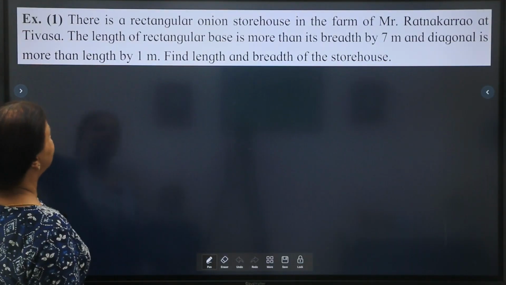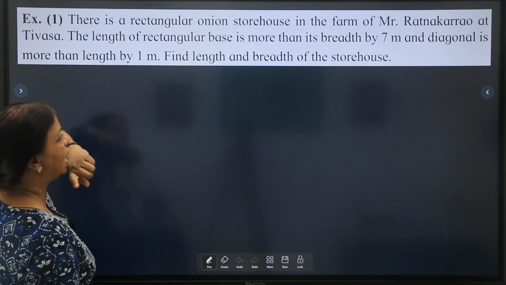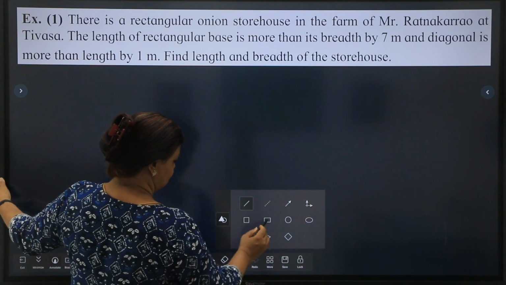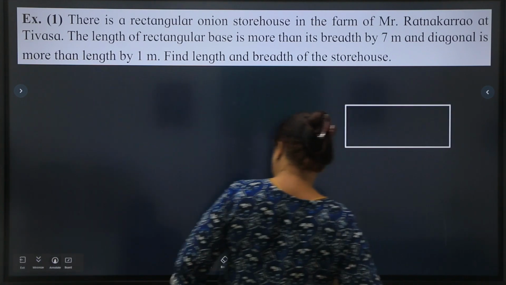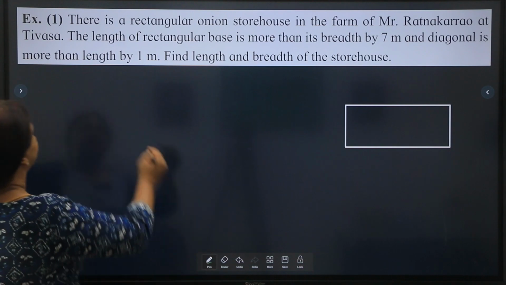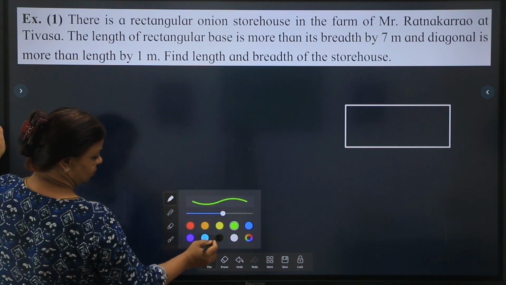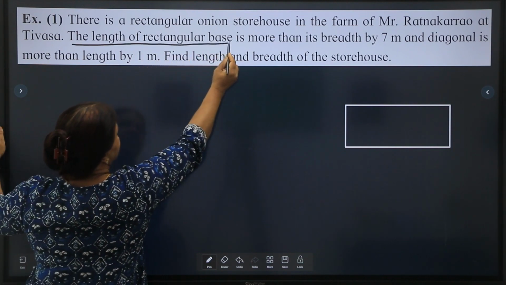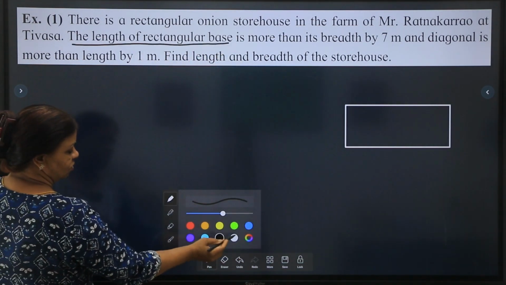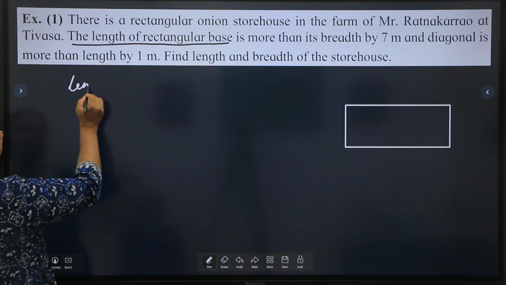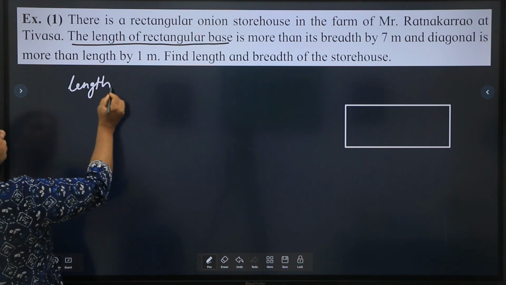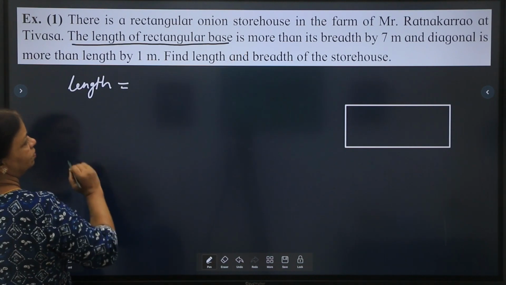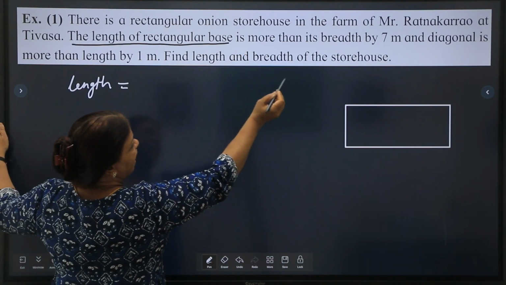The first example says there is a rectangular onion storehouse. So if I am drawing a rectangle, this is the rectangle. The length of the rectangular base is, so let's take length is, so is means equal, more than its breadth.